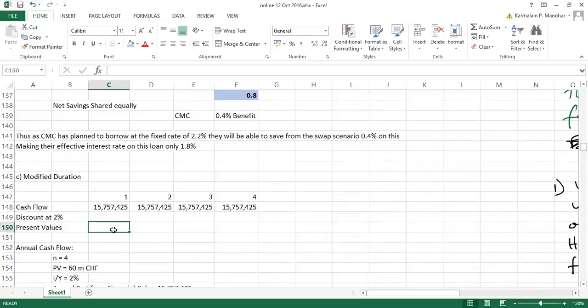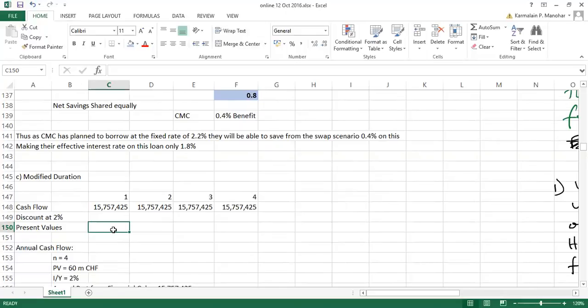Then taking 15,757,425 in your calculator, the annual cash flow, you press future value, FV. Press FV. Then press 2, press your IY.